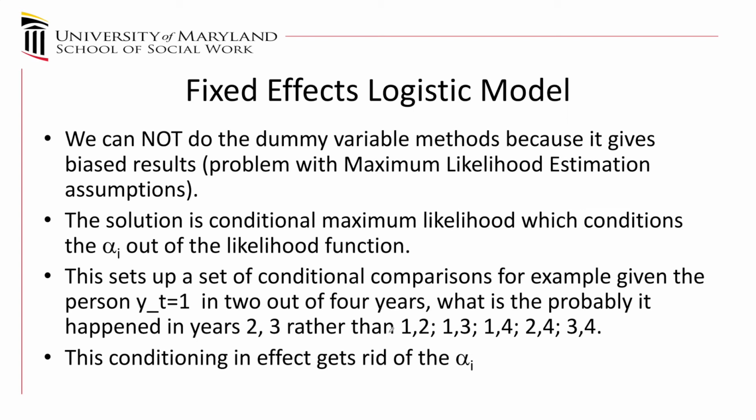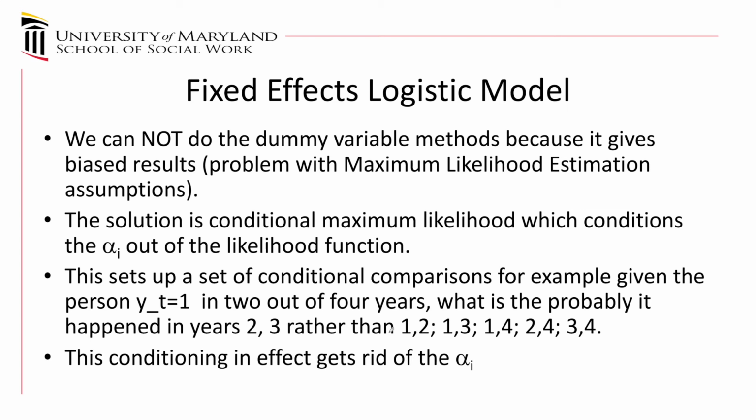And there's this additional problem, as I mentioned in the beginning, that we can't use the dummy variable method that we can use traditionally when we have continuous dependent variables, because it violates the maximum likelihood estimation assumption when the number of parameters increases in a linear function with the sample size, right?